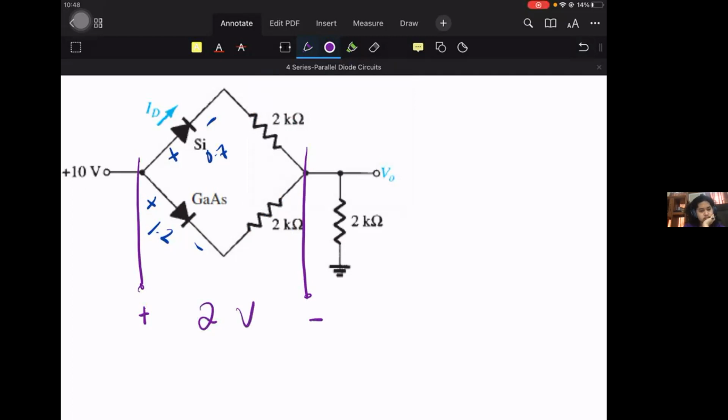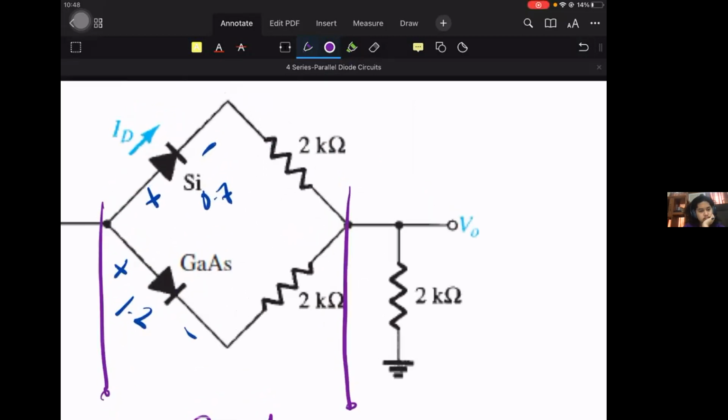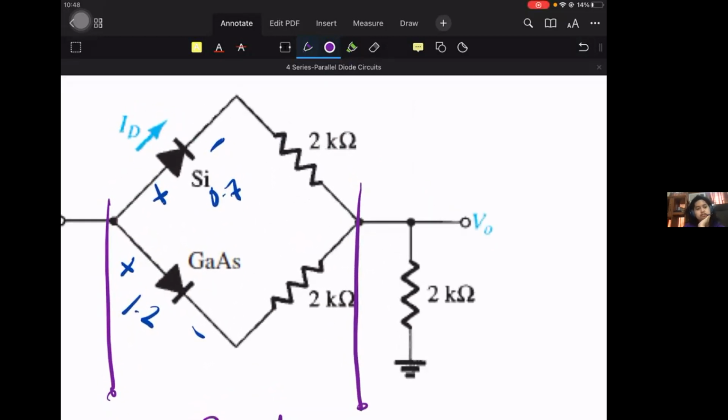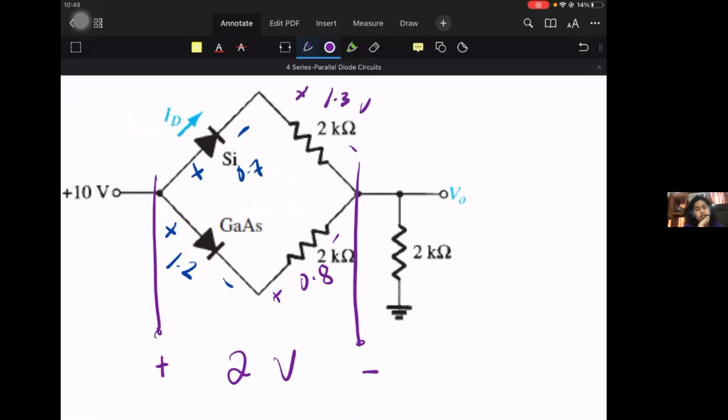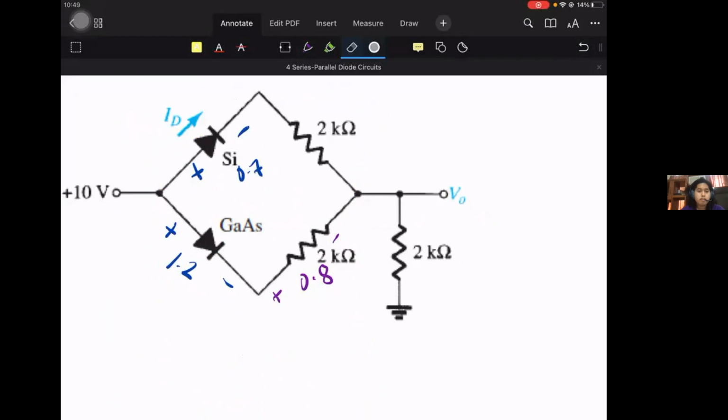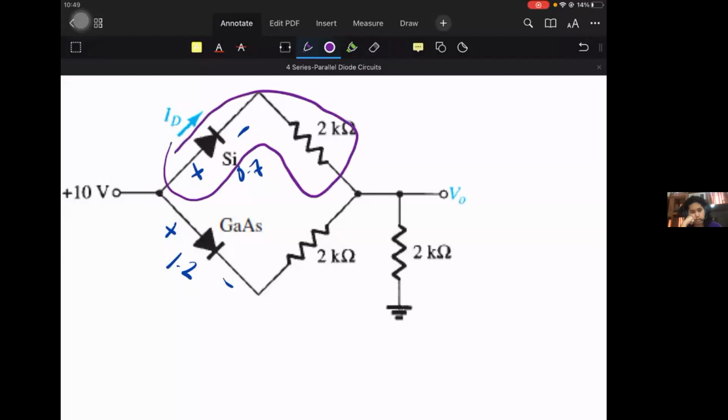If it is 2 volts, for it to remain true, 2 volts minus 0.7, so 1.3 volts is supposed to be the voltage of the 2K, and 1.3 volts minus 0.8. Although these are not yet the actual values and solution, do you get the idea? The total voltage is the same. When we add the voltage of silicon and its series resistor, it equals the voltage drop of gallium arsenide and its series 2K resistor.